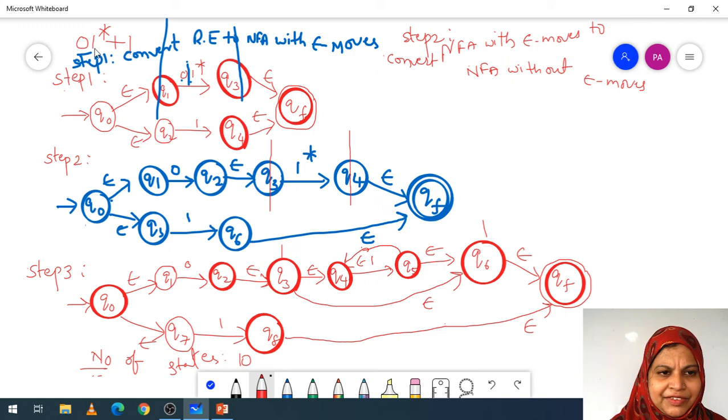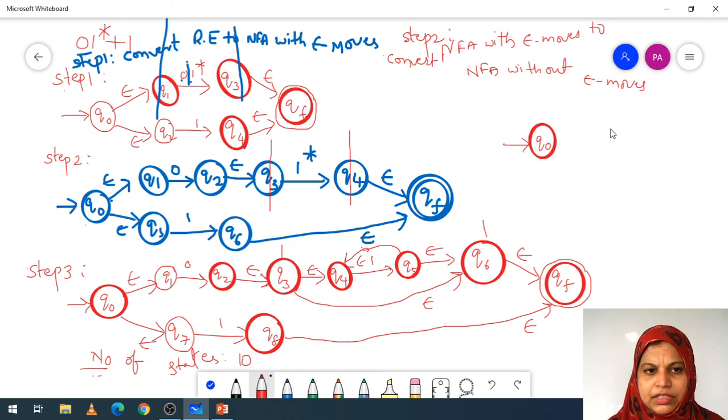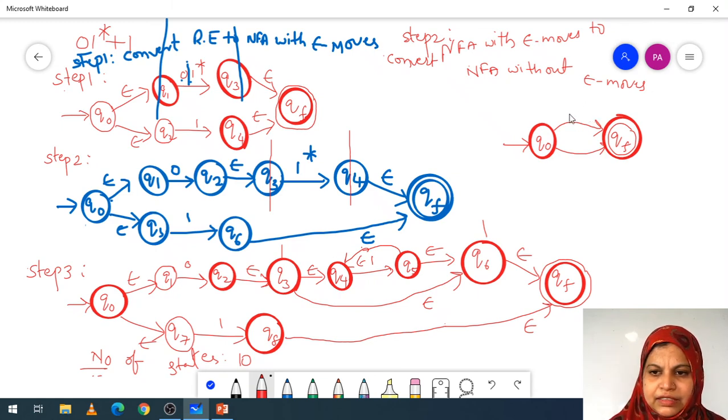Here directly, by seeing this regular expression, we can see this one: 0 1 star plus 1. So here this is Q naught, and QF is the final state. On 0, this is 0 1 star, this is 1.